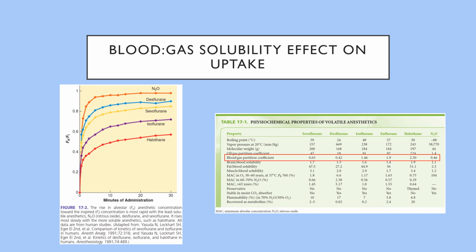This is due to the concentration effect, which we will discuss in a little bit, and the fact that nitrous is typically given at 50 to 75%, whereas desflurane is typically given at around 6%. So while desflurane has a lower blood gas partition coefficient than nitrous, because nitrous is usually such a high percentage, its rate of rise is faster than desflurane.